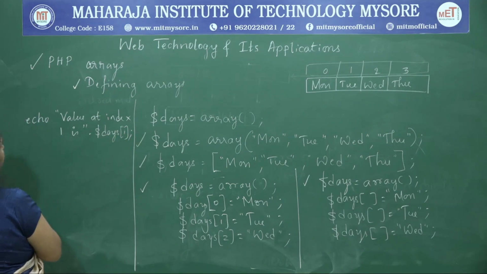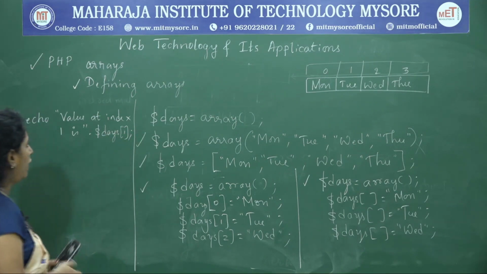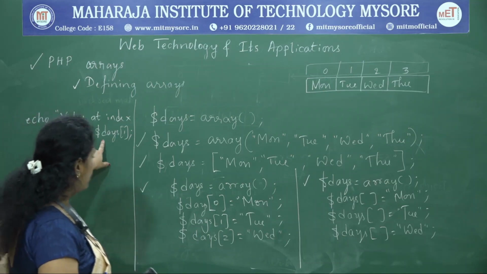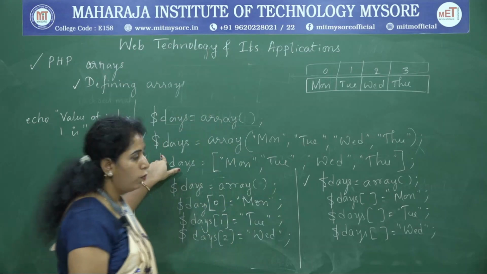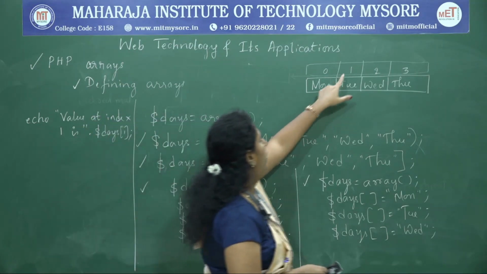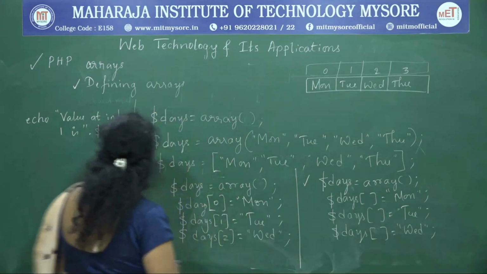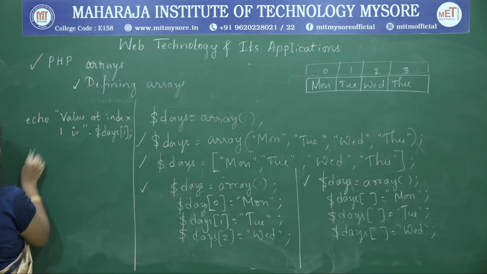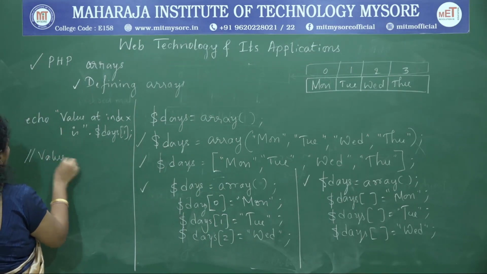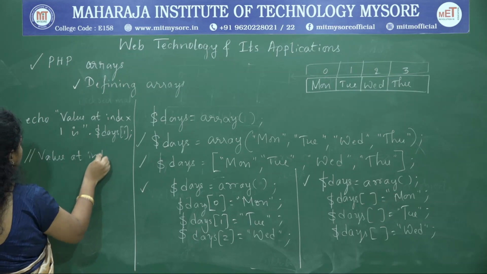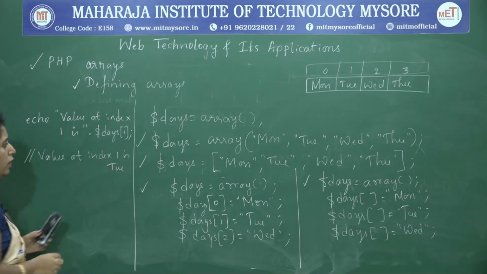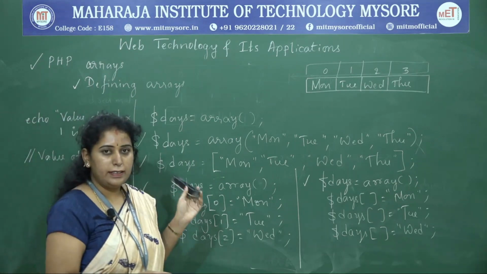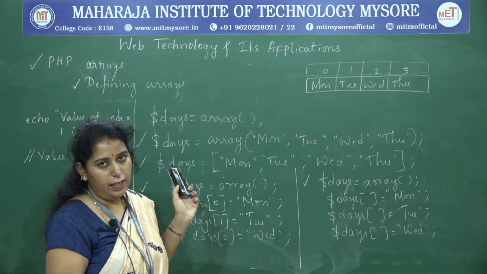If this is the case, what does it output? Days. This is an array called days. So, what is the value present in index 1? Tuesday. So, the output is value at index 1 is Tuesday. This is how you can access the array elements.